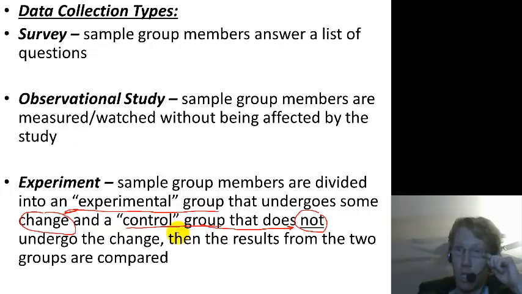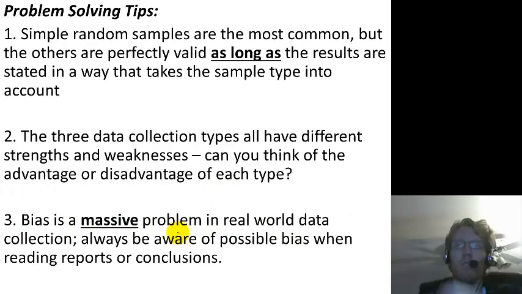So, 3 ways to collect data, 5 different ways to pick your sample group, and let's see how we can use this to our advantage or things that we want to watch out for. So, problem solving tips. Simple random samples are the most common, but all the others are perfectly valid as long as the results are stated in a way that takes the sample type into account.